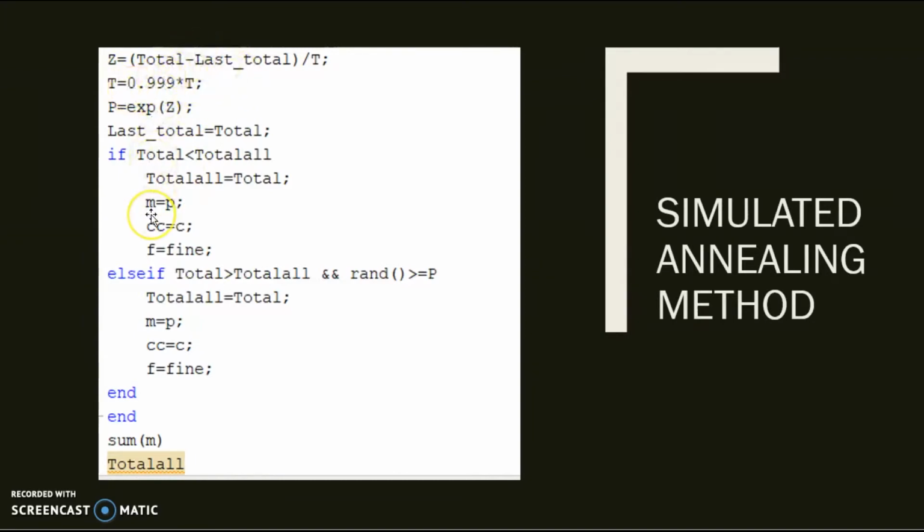By calculating that, if the total number is less than the total-all, then we definitely choose that, and the M matrix will represent it, so P will be equal to P, and CC will be equal to C. F is the fine, and the same here for this one. If a random number from 0 to 1 is bigger than or equal to P, then we take that as our result.